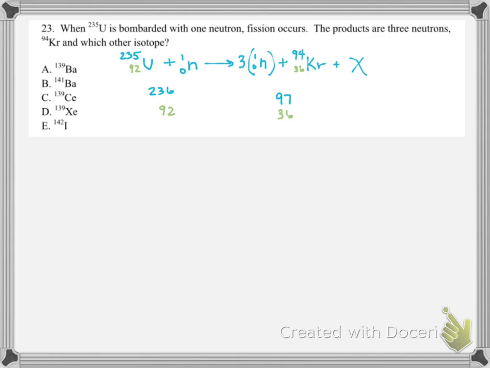And so from that we get that the mass number is going to be 139 for our X. And the number of protons that we'll have is 56. Okay, so hopefully you can see that now the right side is equal to the left side, where we have 92 and the 236.